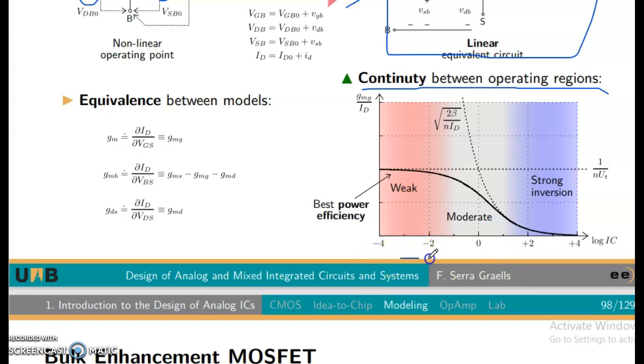Here in the x-axis, log IC, and in the y-axis GMD, GMG divided by ID. Here log IC goes from -4, -2, 0, +2, +4. Here GMG divided by ID.